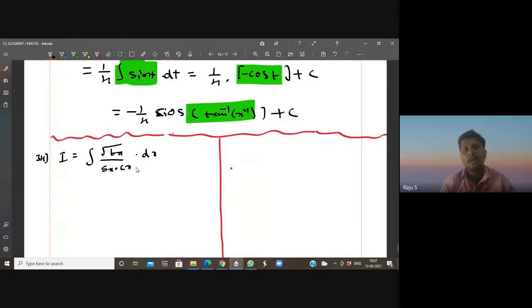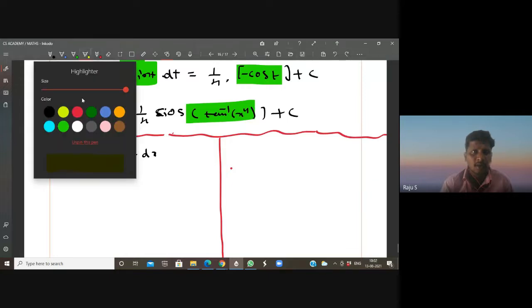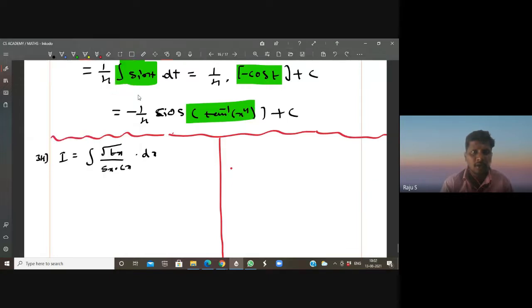So what is the function you want to consider as t, students? Generally, we know that whatever is within the square root, we can take as t, am I right? But when we take the square root of tan x is equal to t, tan x derivative is secant square.